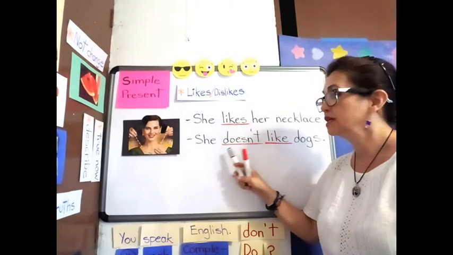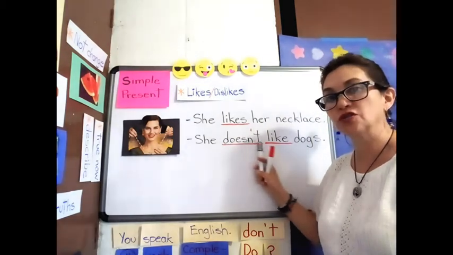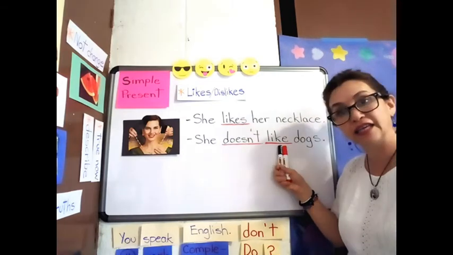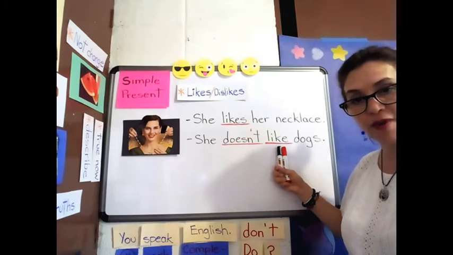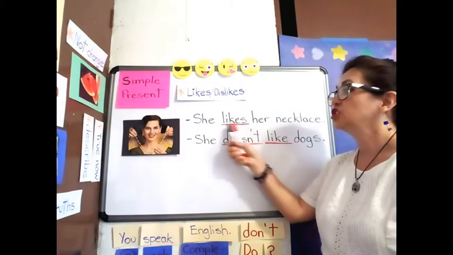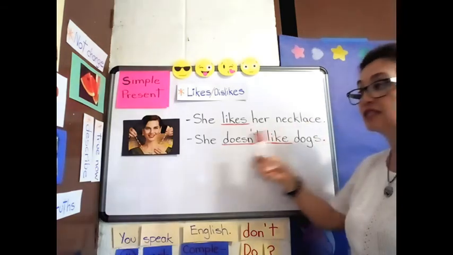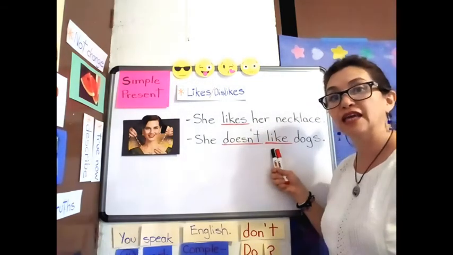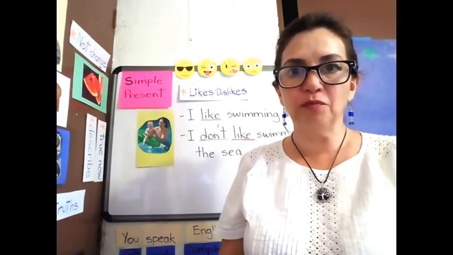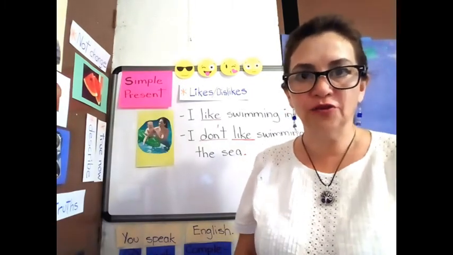In this case, doesn't. Does not, doesn't. She doesn't like. And the verb goes back to the base form, to the original form. She likes her necklace. She doesn't like dogs. Let's see this example about likes and don't likes.